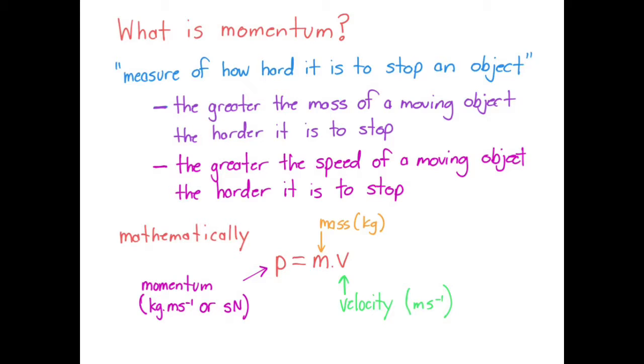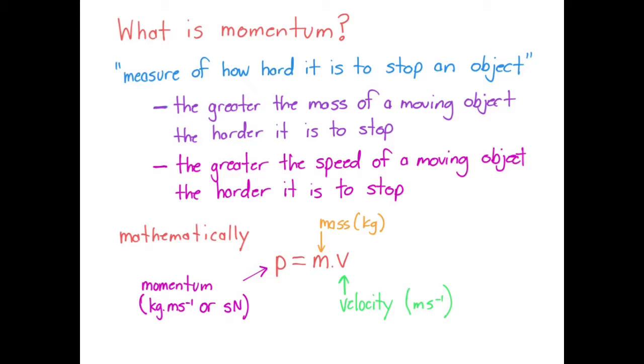If you've got a car coming at you at 100 kilometres an hour, that's going to be easier to stop than a truck coming at you at 100 kilometres an hour, because the truck has a greater mass. The greater the speed of a moving object, the harder it is to stop as well. So it's going to be much harder to stop a car coming at you at 160 kilometres an hour than a car coming at you at 60 kilometres an hour. The greater the speed, the greater the momentum.